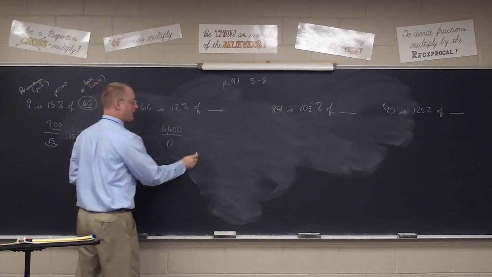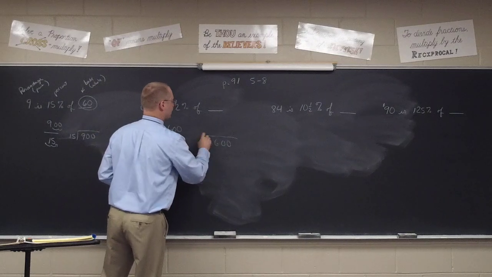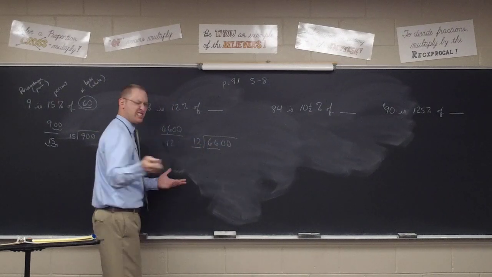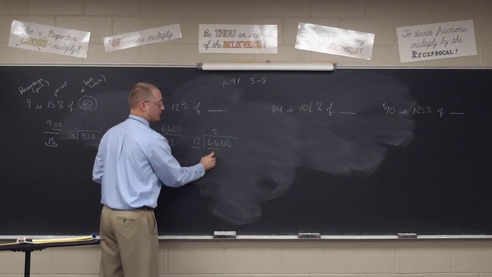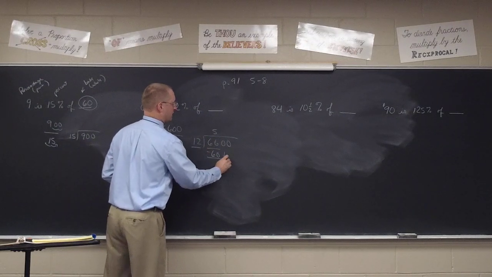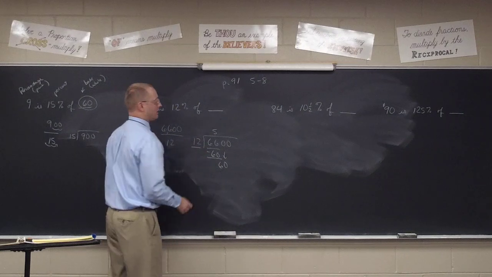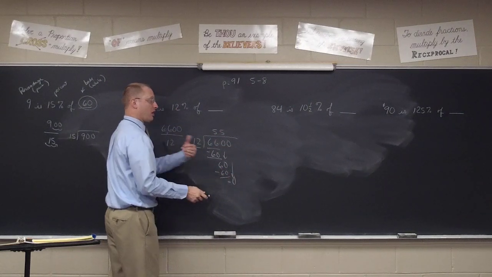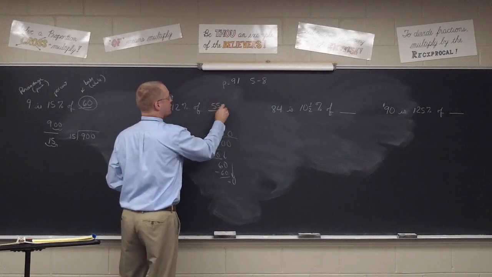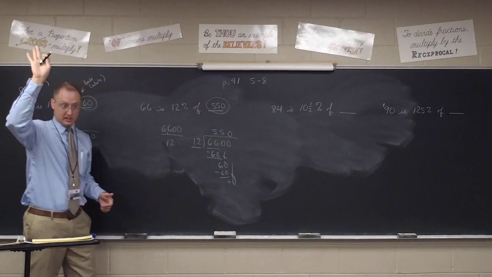You could do that. And when we divide 6600 by 12, let's see, 12 goes into 66, class? 5 times, because 5 times 12 is 60. That leaves me with 6 left over, and 12 goes into 60, class, 5 times. Zero left over. 12 goes into 0 zero times. How many had 550 for number 6?